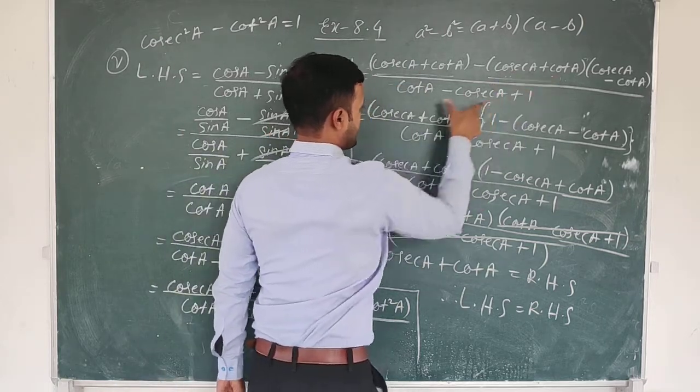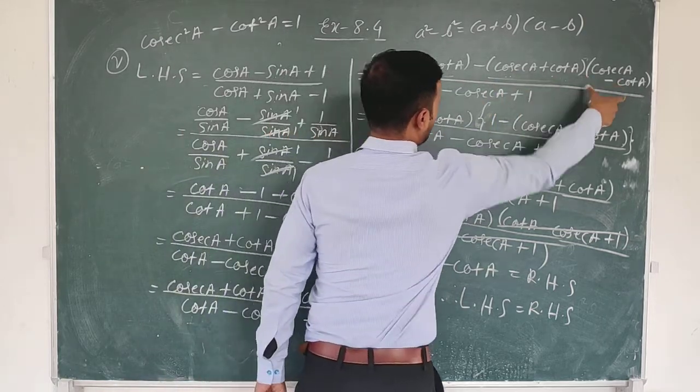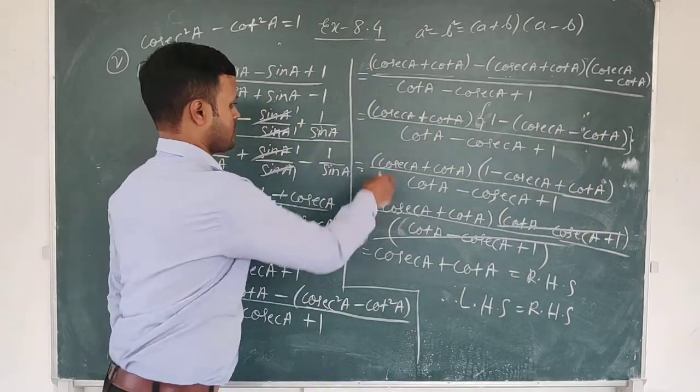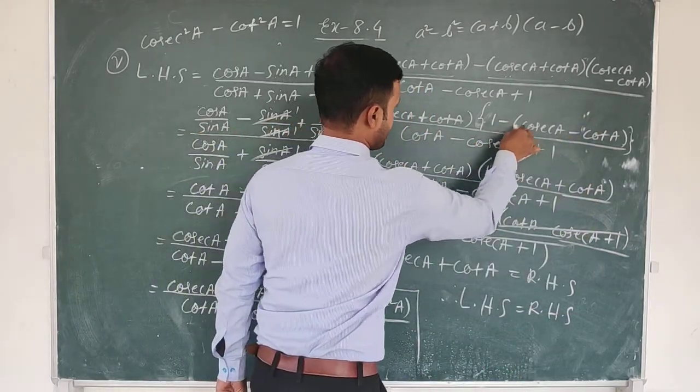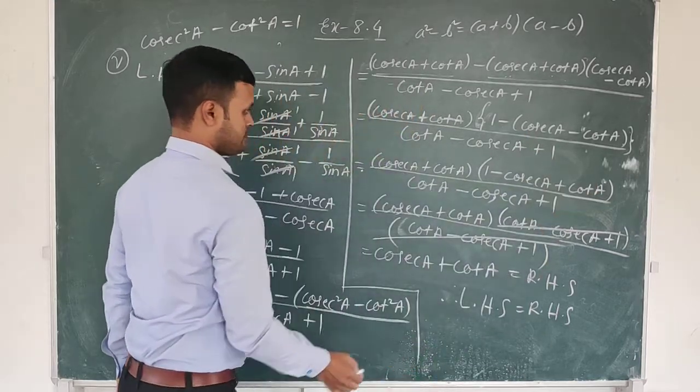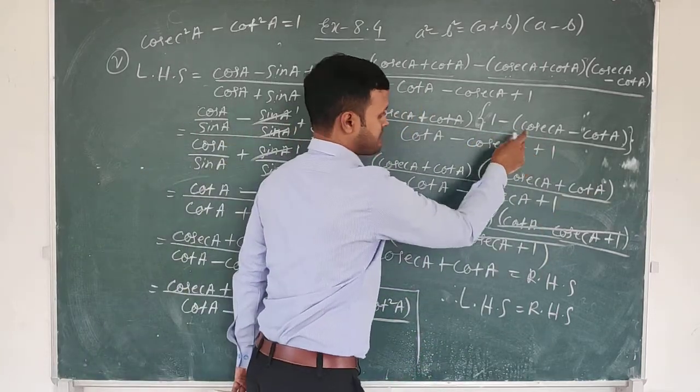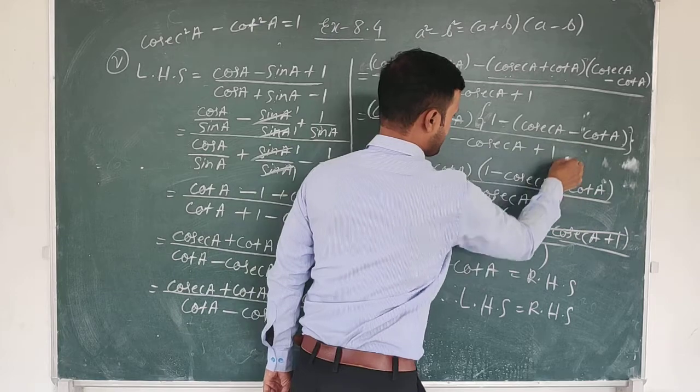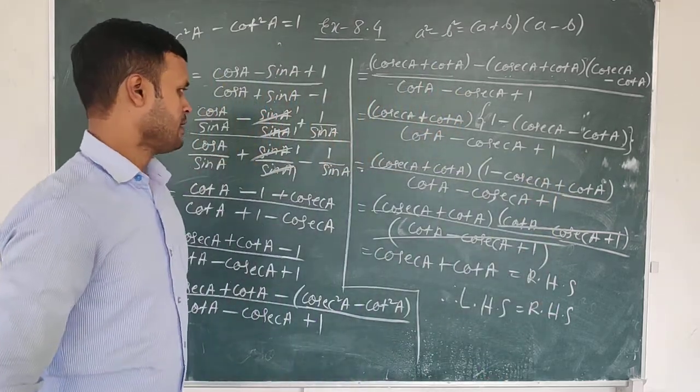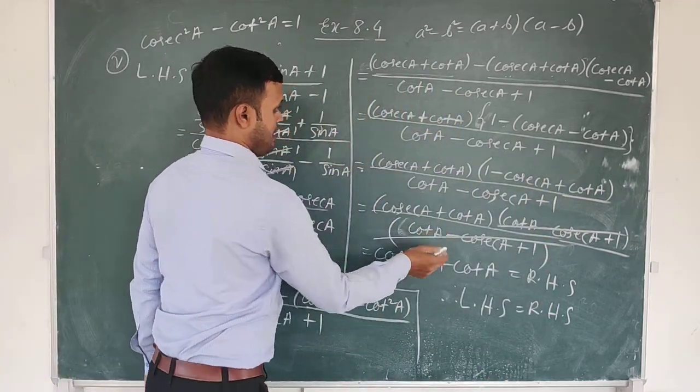From here, if I take cosec A plus cot A common, minus cosec A minus cot A. So 1 minus cosec A plus cot A. If you open this bracket, this cosec A will become minus and this minus will be plus cot A.